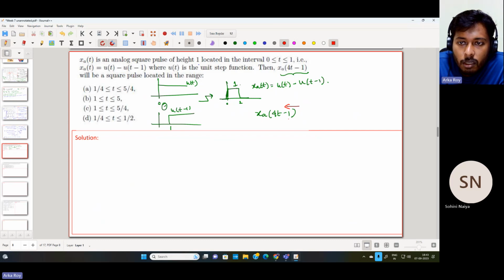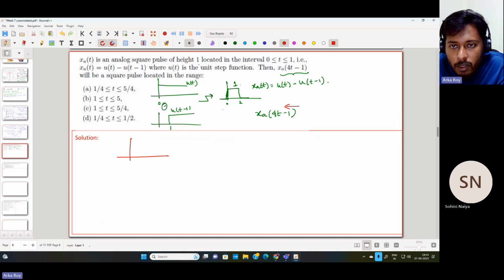So the first operation is delaying the signal by an amount of 1 unit. So I will first delay this signal by 1, so it will be 1 and 2. So this is a delay by 1 unit. So this is the first operation.